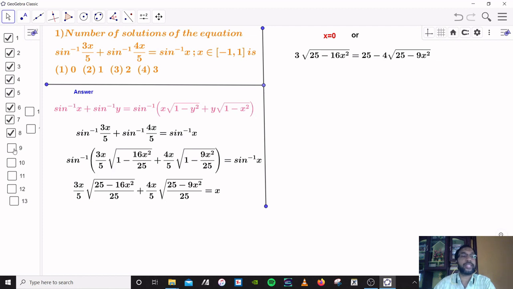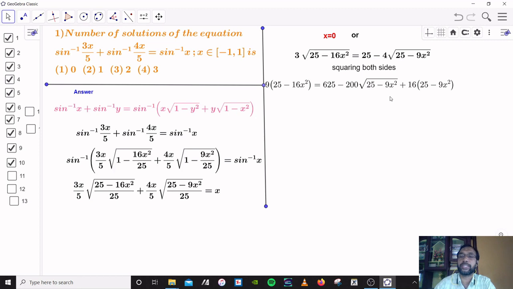On squaring, the right side becomes of the form a minus b whole square, and expanding we get the left side as 9 into 25 minus 16x square, and the right side on expansion is 625 minus 200 into root of 25 minus 9x square plus 16 into 25 minus 9x square.